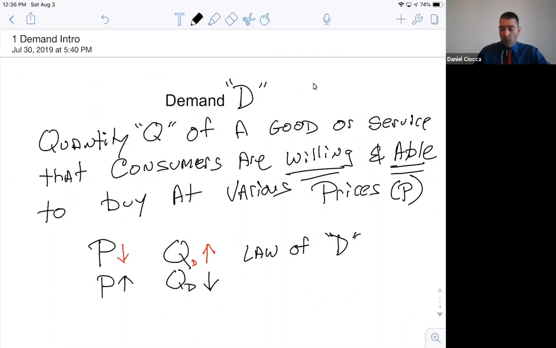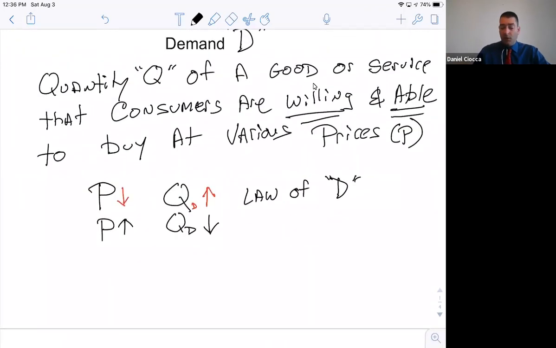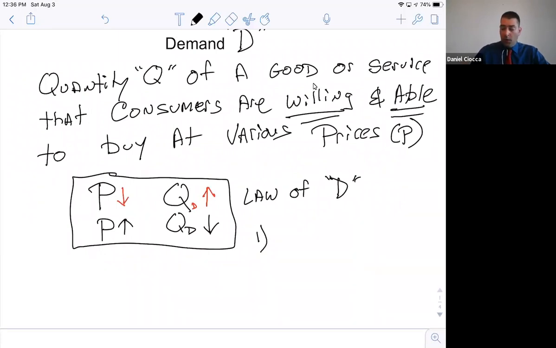And the two primary reasons that economists have found this inverse relationship from the customer's perspective are number one, what we call the substitution effect. I'll abbreviate it the sub effect. And the substitution effect says when the price of Coca-Cola goes down, the quantity of Coca-Cola that customers are going to be willing and able to buy will go up.